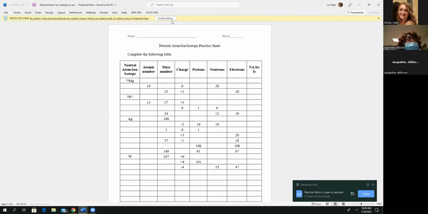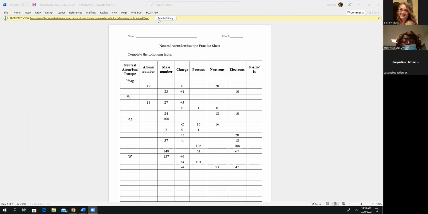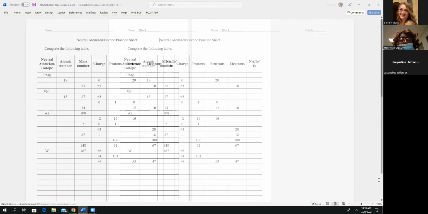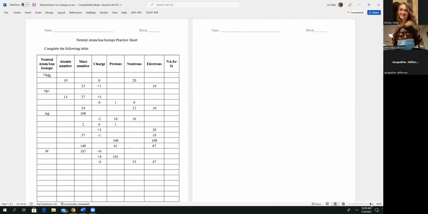We're going to enable editing so I can actually type. It's not letting me enable editing. There we go.